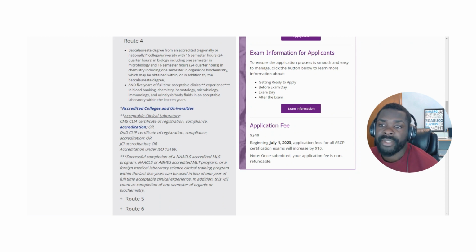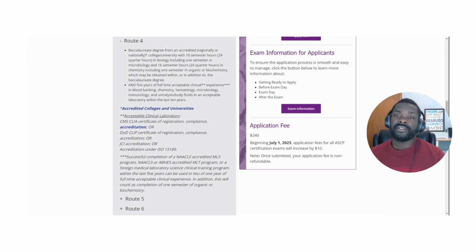Once you have that, you need to have 5 years of full-time acceptable clinical experience working in blood bank, chemistry, hematology, microbiology, immunology, and urinalysis of body fluids, in an acceptable laboratory within the last 10 years.